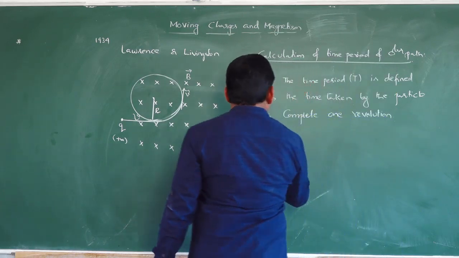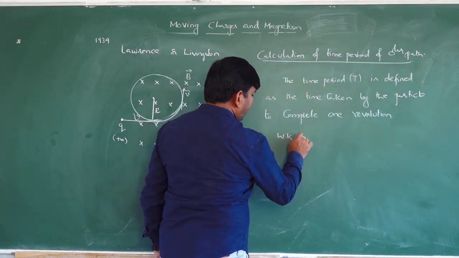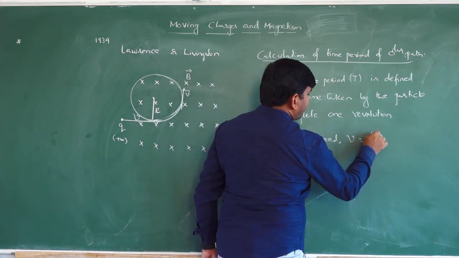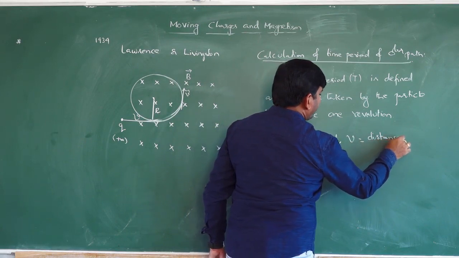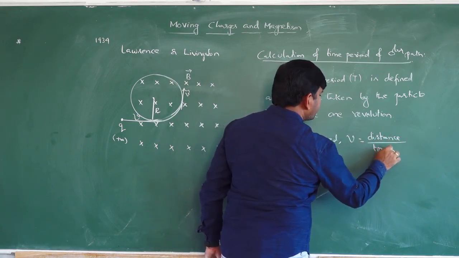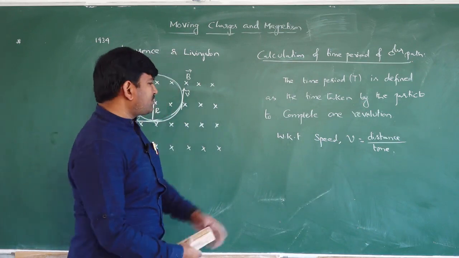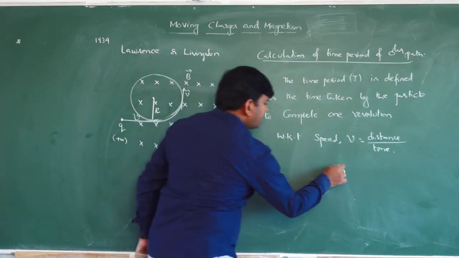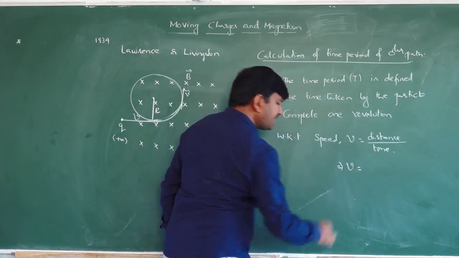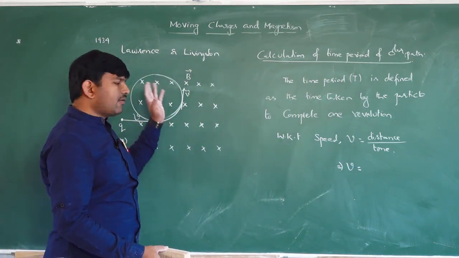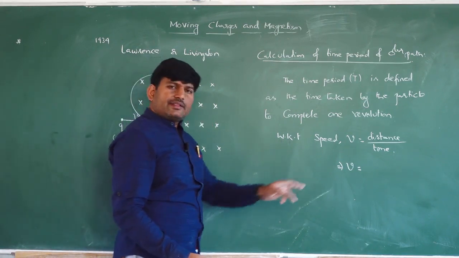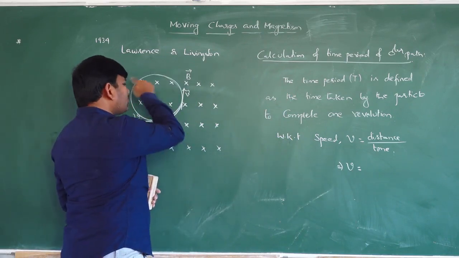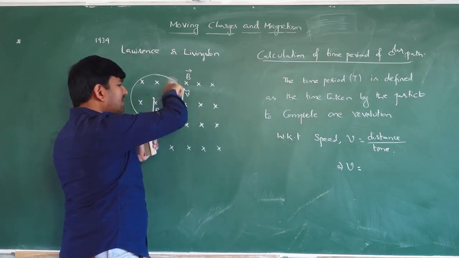So, here we know that speed is equal to distance divided by time. As it moves with the speed v, in this case only the direction of velocity is changing but not its magnitude. Therefore, speed v is equal to distance by time. Whenever the time is equal to the time period, the distance is nothing but the circumference of the circle.